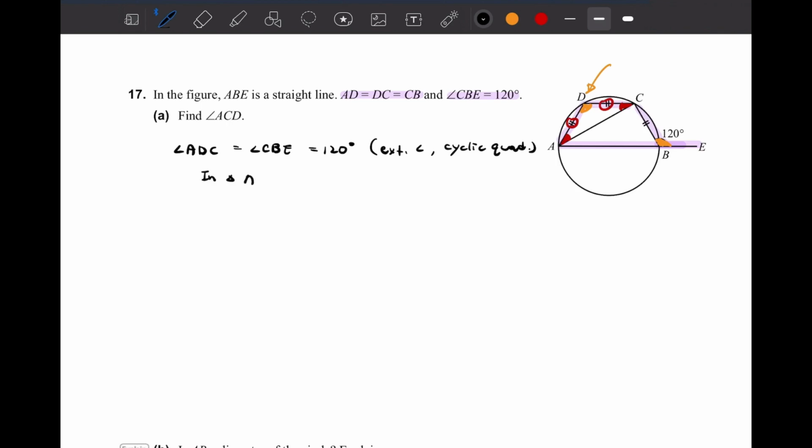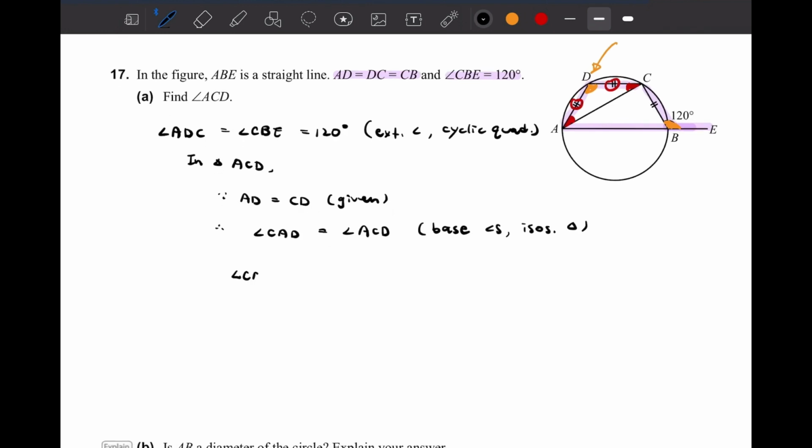Okay, and then in the triangle ACD, because AD is equal to CD, therefore angle CAD is equal to angle ACD. Base angles of an isosceles triangle. Okay, and angle CAD adding angle ACD adding angle ADC is equal to 180 because they are all in this triangle.